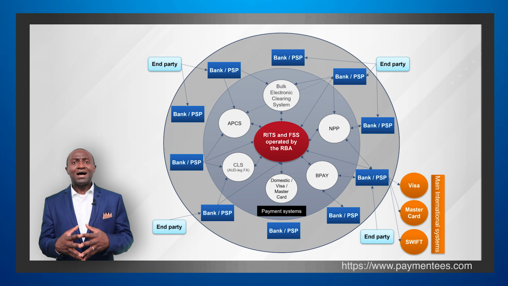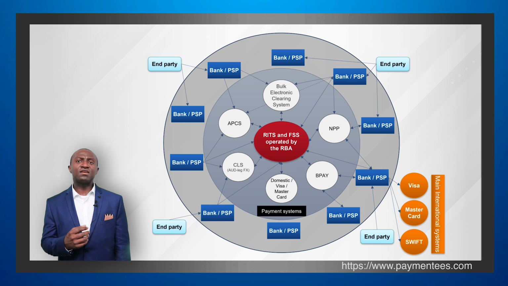It is offered as a payment channel by over 170 financial institutions through their phone and internet banking services. A similar service has been developed under the New Payments Platform. It is called Osko by BPay.